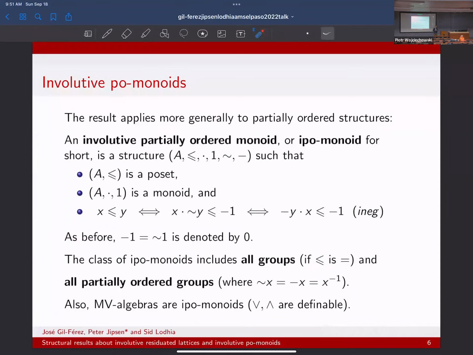And if you keep it as a partial order, but you agree that tilde and minus are the same unary operation and force it to be a group theoretic inverse, where obvious equations have to be added, then you get partially ordered groups. So we went from lattice ordered groups to partially ordered groups, but we're doing this in a more general setting to see a nice structural decomposition result.